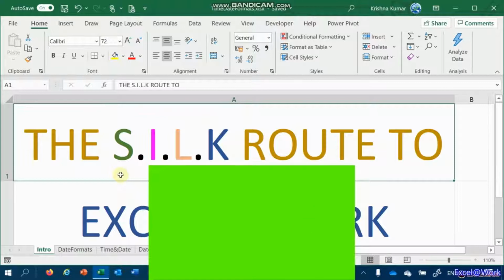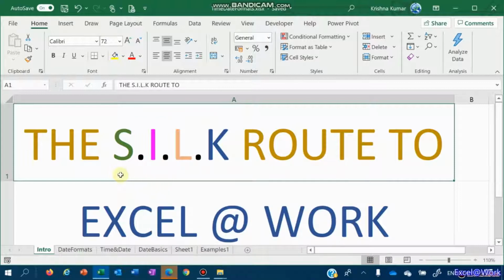We have seen in the earlier couple of sessions how to format the date and time to our customized requirements. Like I said earlier, for Excel, date and time is just a number.